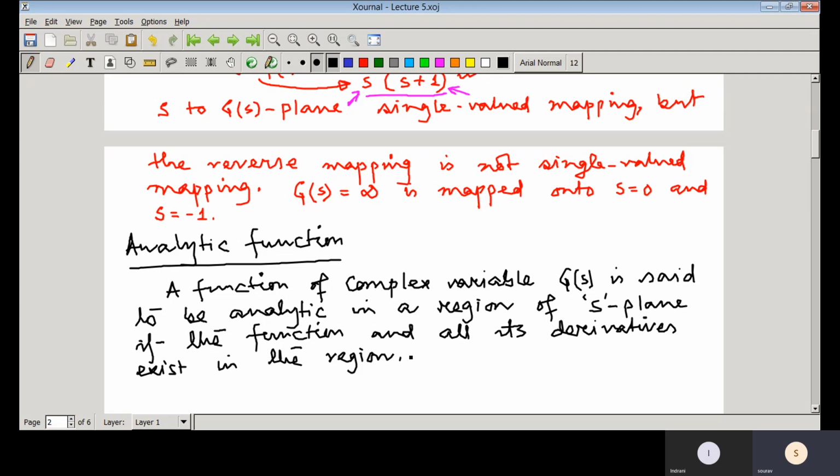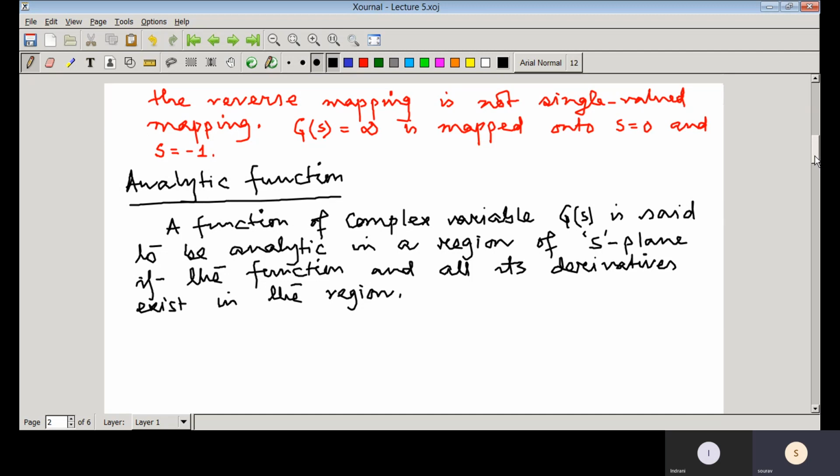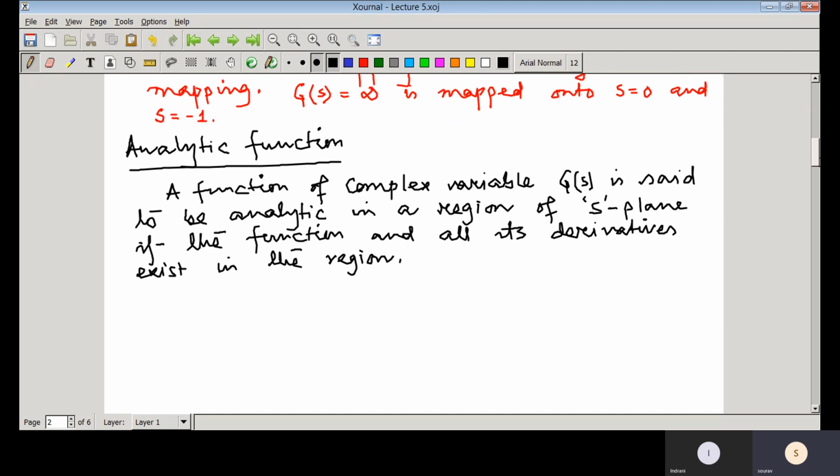So that means if you consider a region in complex plane, and if you can show that a function exists, that means it does not take any infinite value, and all of its derivatives also exist in that region, then you can say the function is analytic in that region.